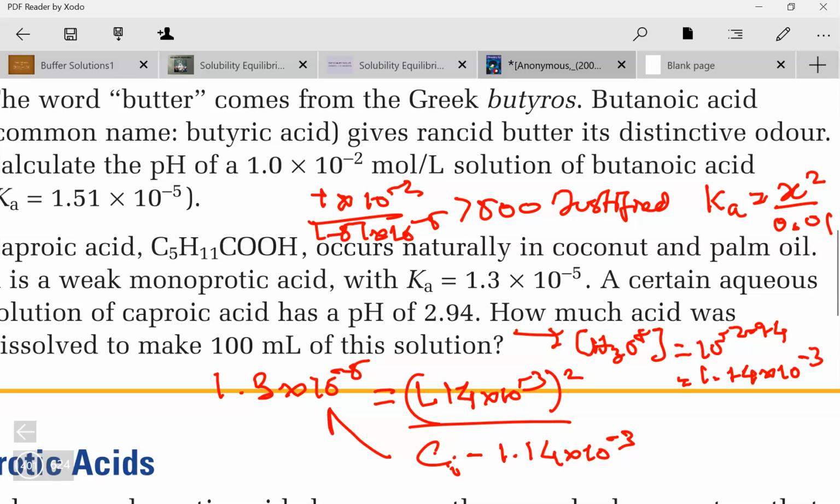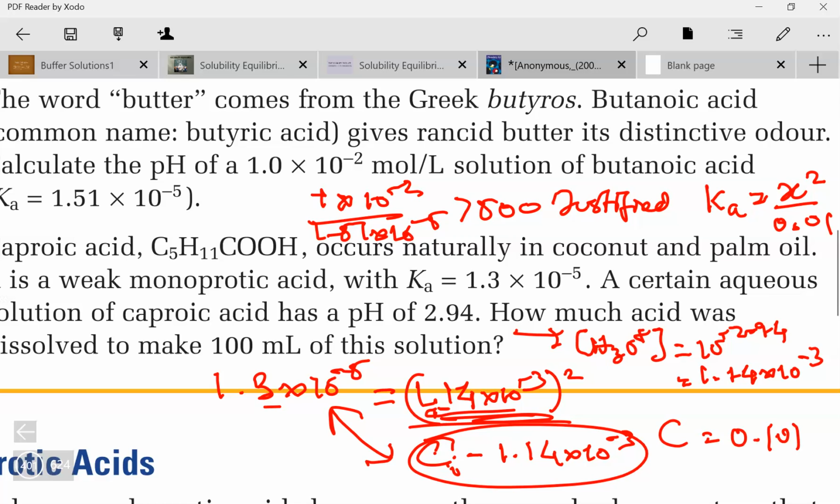So I'm interchanging these. So this entire thing is going to be what I just did. So this divided by 1.3 times 10 to the power negative 5, which is 0.099, and I will add to that 1.14 times 10 to the power negative 3, which gives me initial concentration equals 0.101 moles per liter.